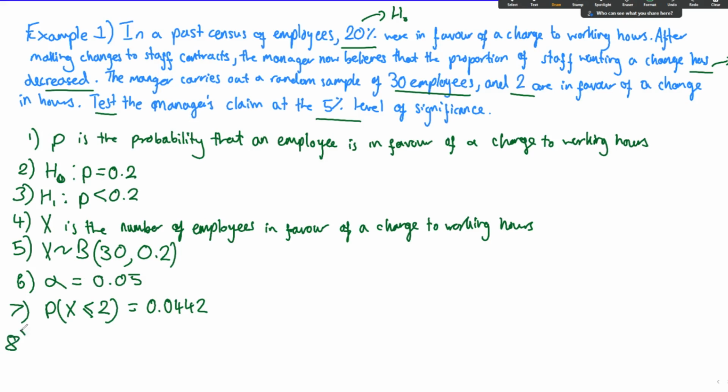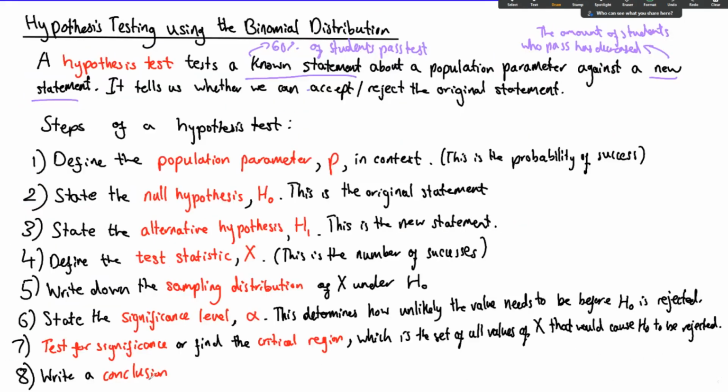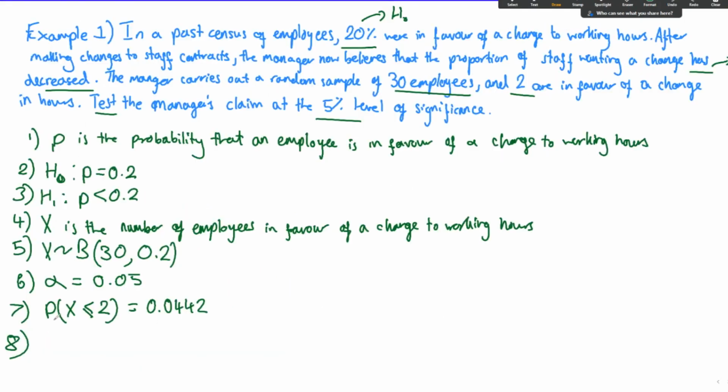So our conclusion, which is our last step, is that there is not enough evidence, and this is the wording you should probably learn. You either say there is evidence or there is not enough evidence.